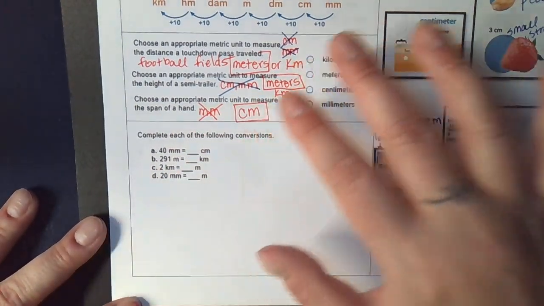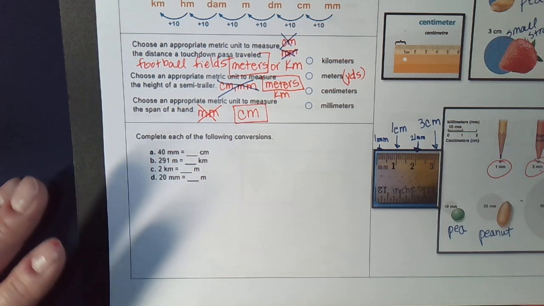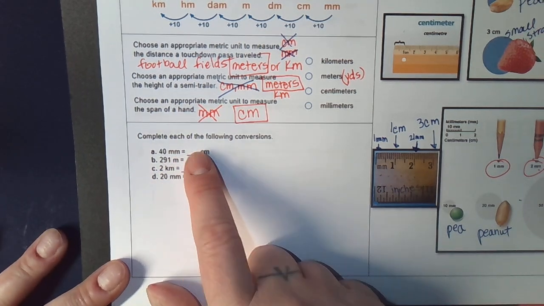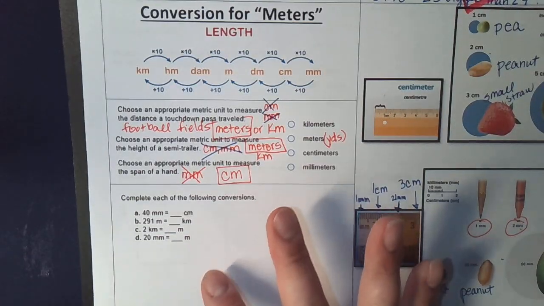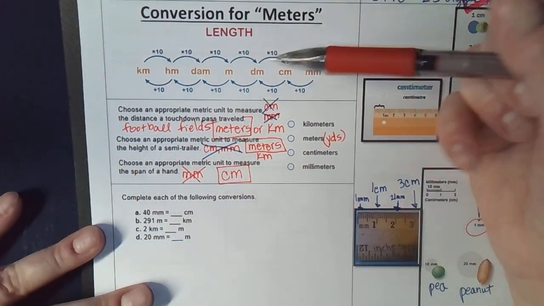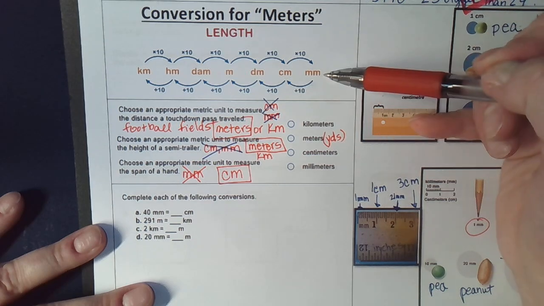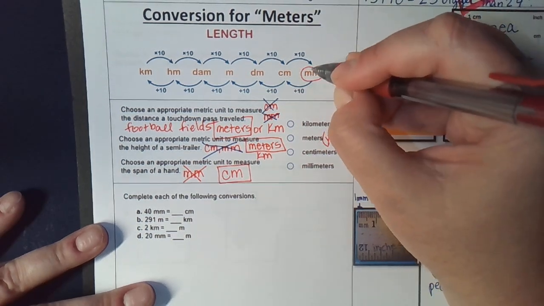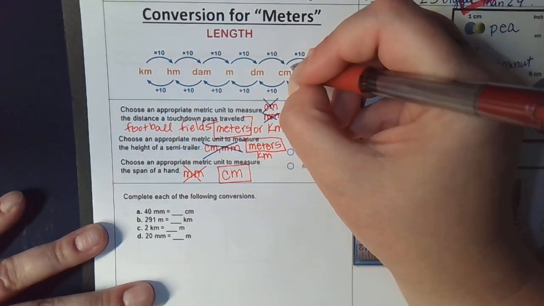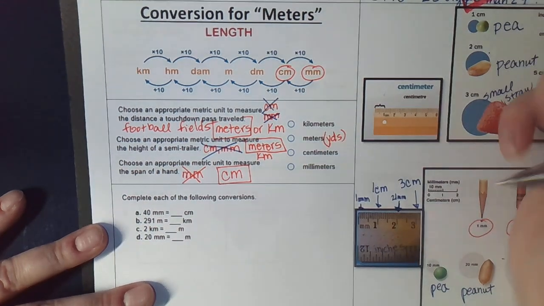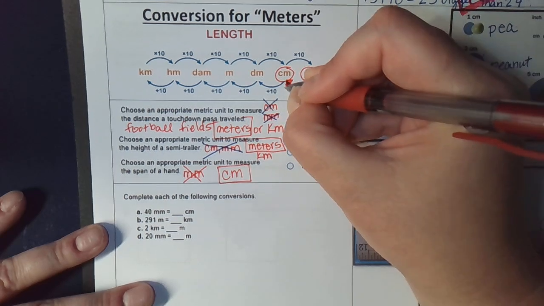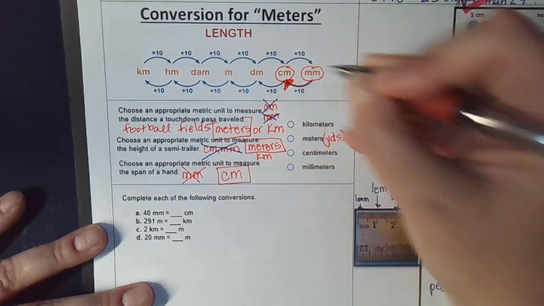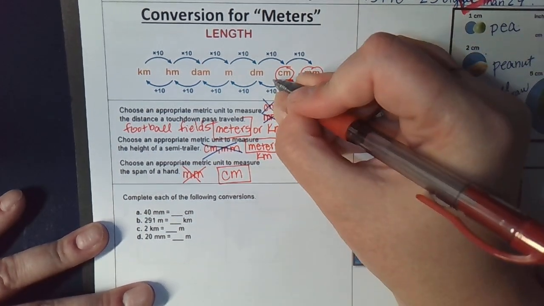So we haven't actually done anything with numbers. Okay, part A says millimeters to centimeters. Okay, well, let's go back up to this chart and look for millimeters. Here it is. Okay, now look for centimeters. There it is. So we just have to divide by 10.